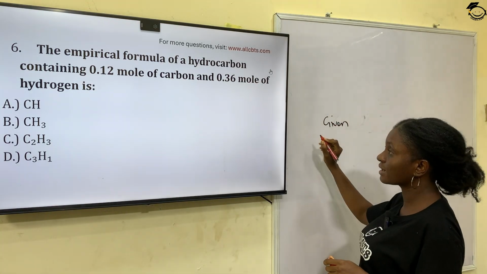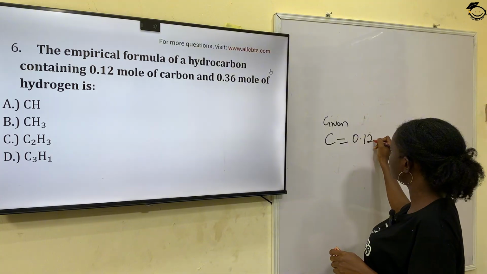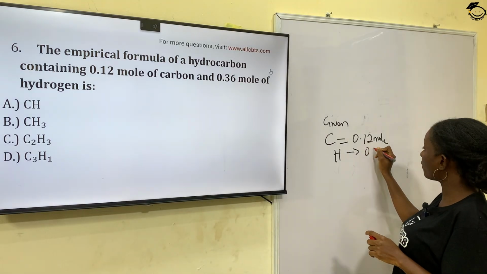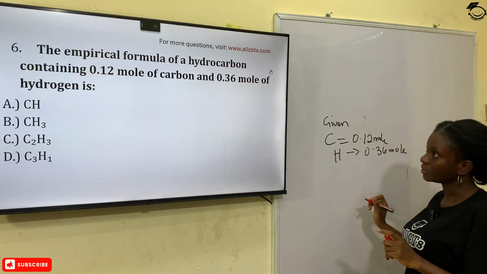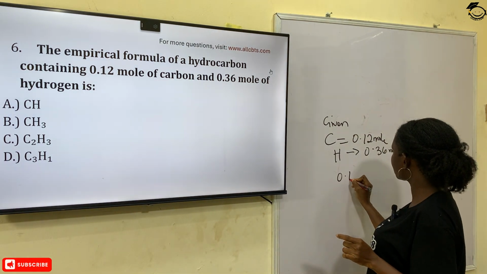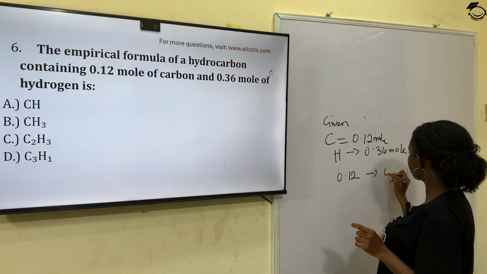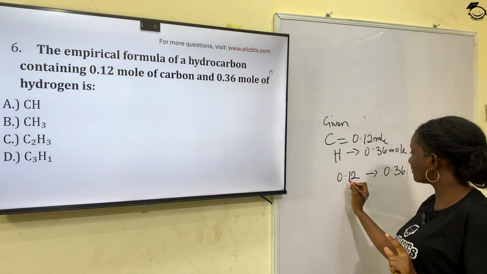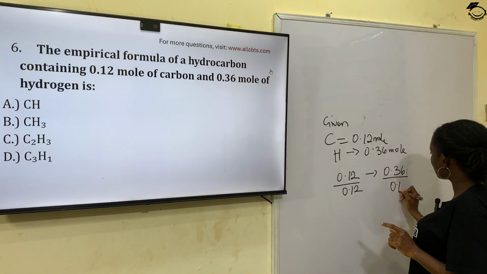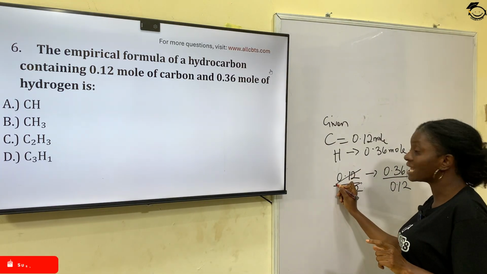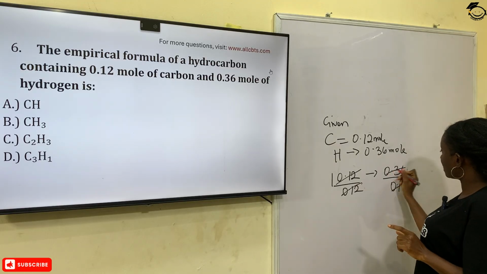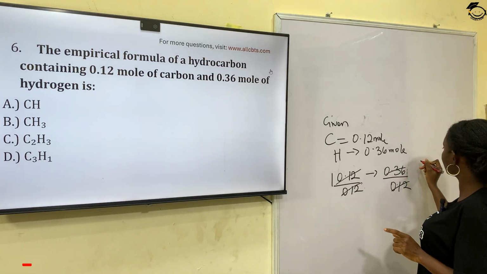Given, we have carbon to be 0.12 mole, then hydrogen to give 0.36 mole. So we are dividing by the lowest number of moles, that's 0.12. So divide 0.12 and 0.36 by the lowest number, which is 0.12. 0.12 and 0.12 cancel each other, giving us 1. Then 0.36 divided by 0.12 gives us 3.